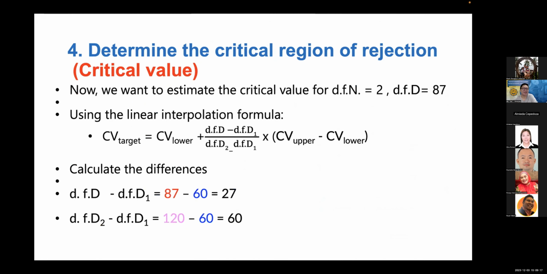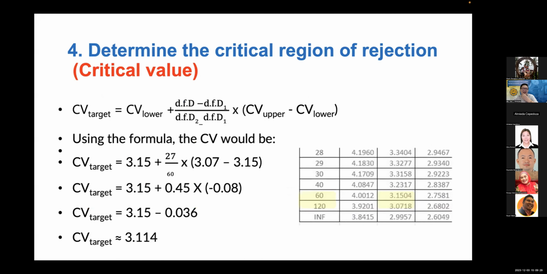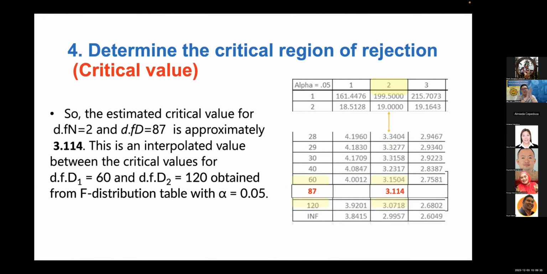To get the actual value at 87, we interpolate using the following formula and substituting the values, and the value is 3.114.